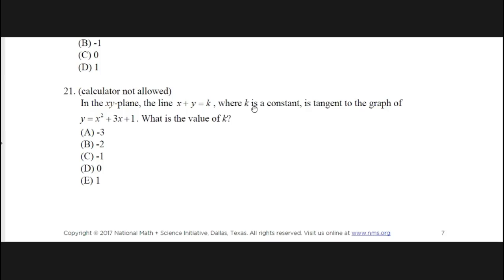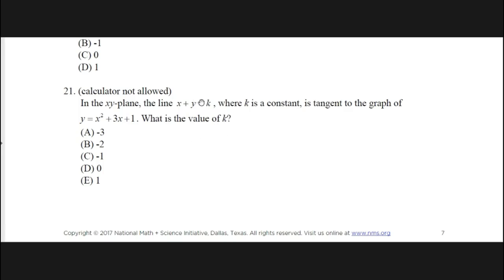Oh, another k one. So it says in the xy plane, the line x plus y equals k, where k is a constant, is tangent to the graph of the original. So this represents our tangent line, aka the slope of that graph. What is the value of k?